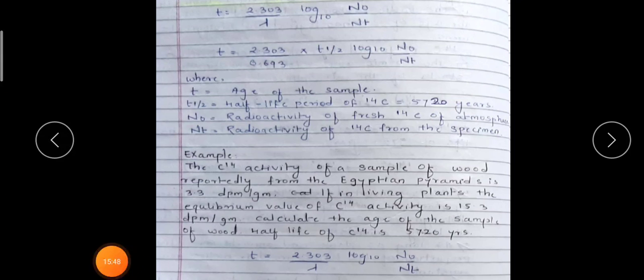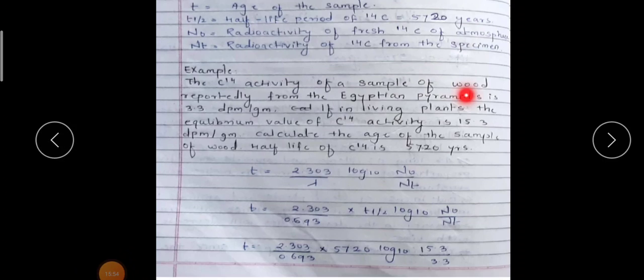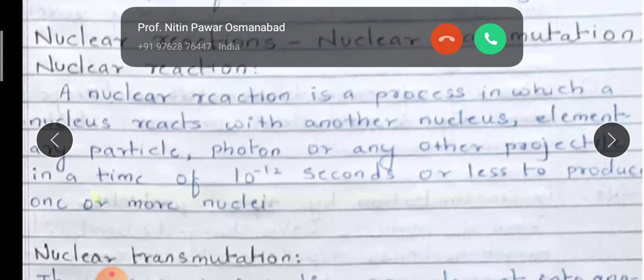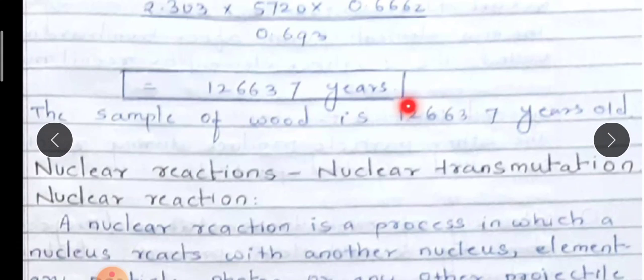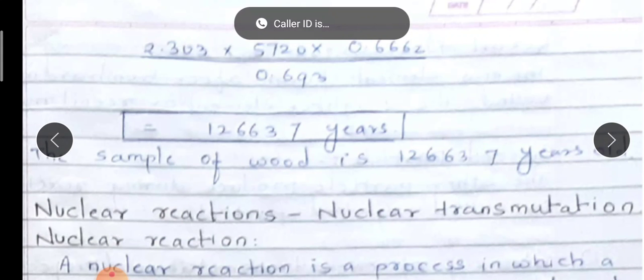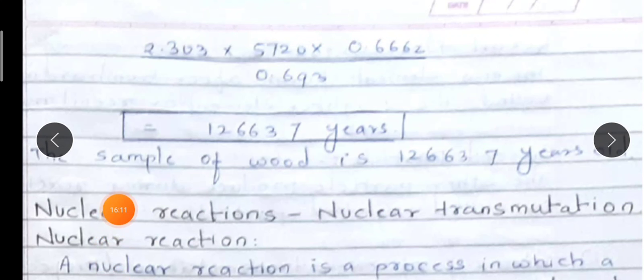This you have to prepare well. It is very simple thing, very simple application it is. Please try to see this numerical based on this particular part, how we can calculate the age of this sample. Okay, we will stop here and thank you.